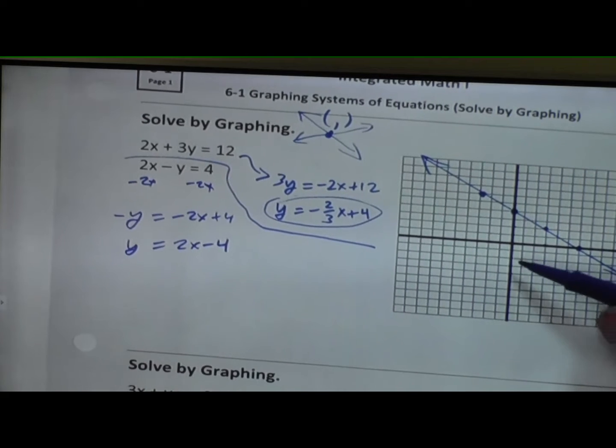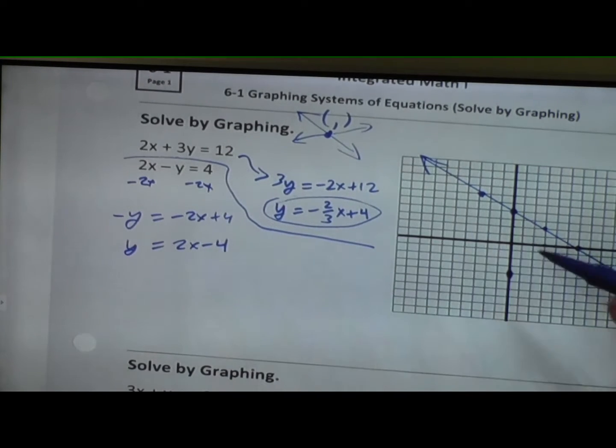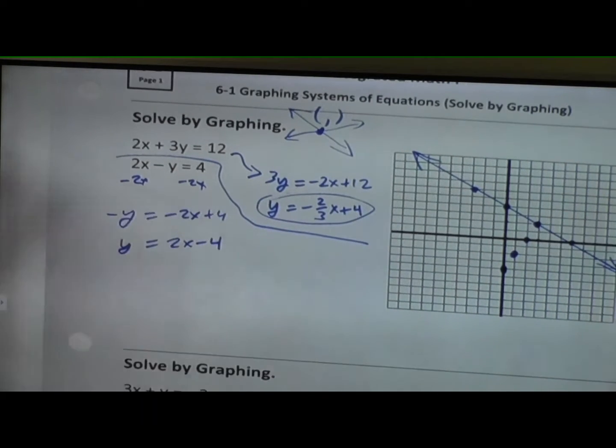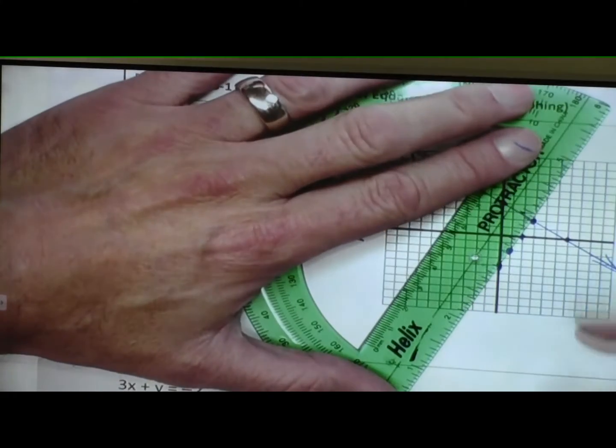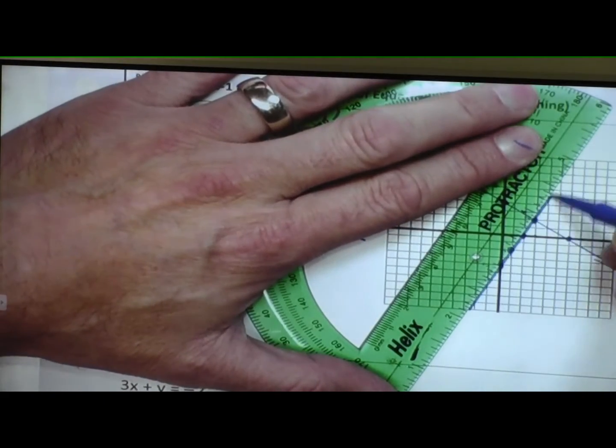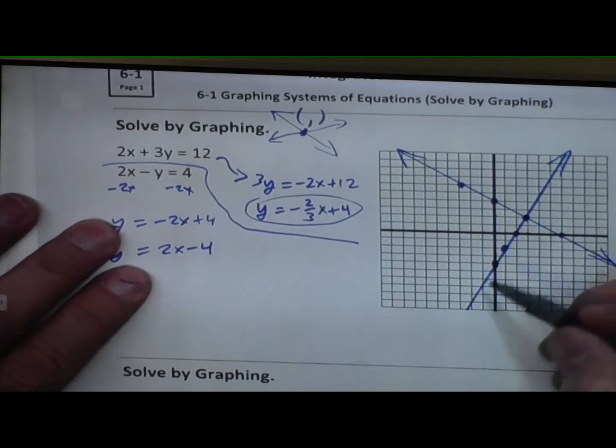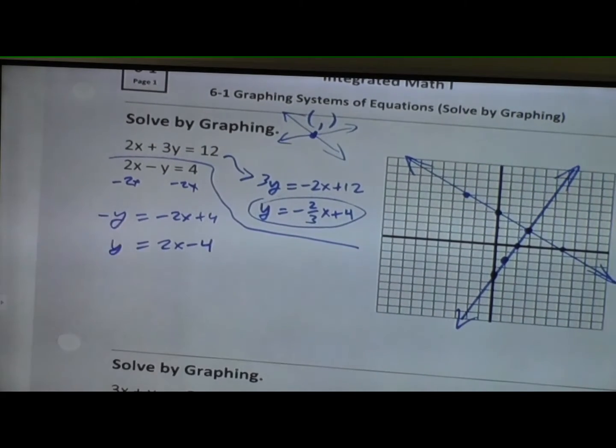So, come to -4. And up 2 and over 1, or the slope of 2 over 1, up 2. And it looks like we have a meeting place there. Draw my line through these. And that's my point.